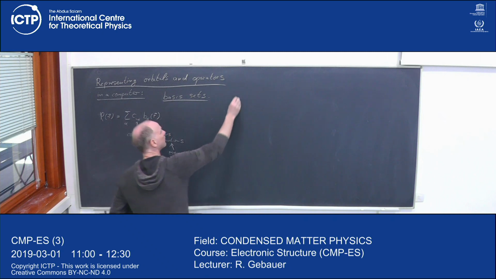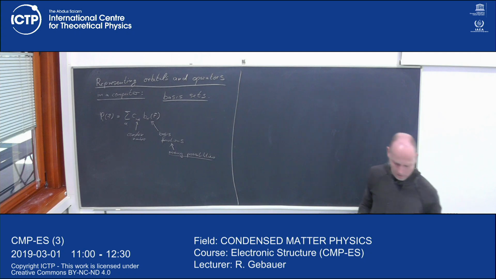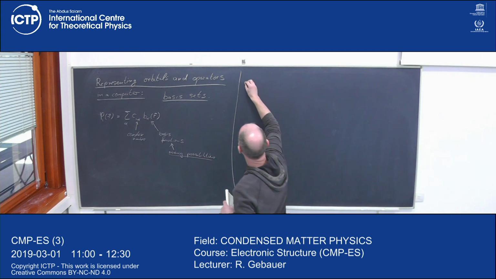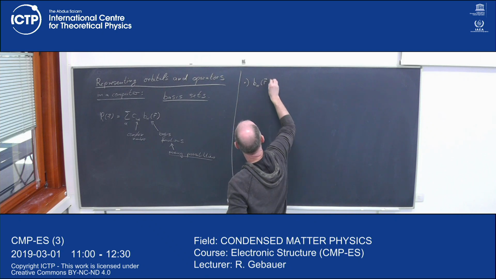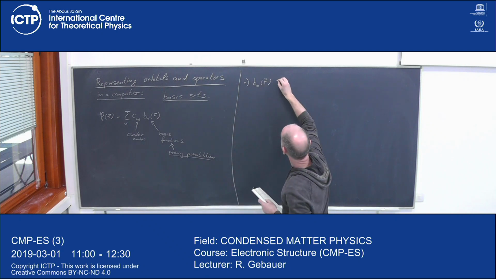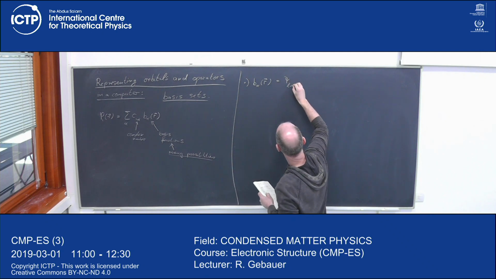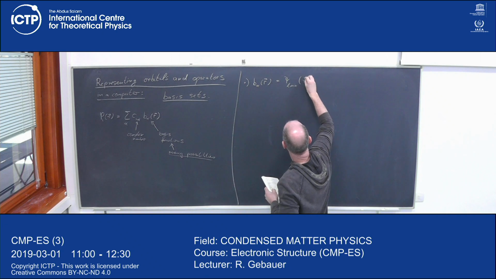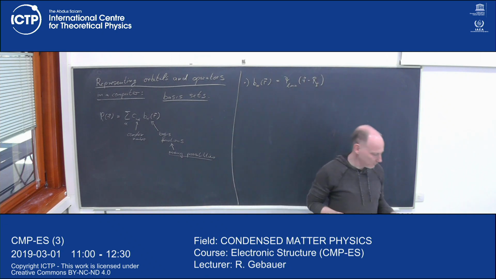Okay, and we will now say so. One possibility as basis functions is we say that these b alpha of r we can choose as the subfunction phi l m of r minus r I. So what do I mean with this here?